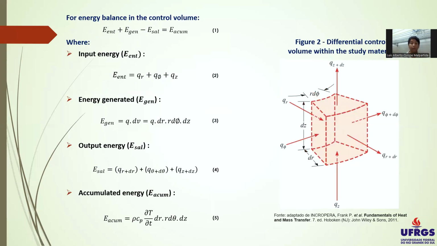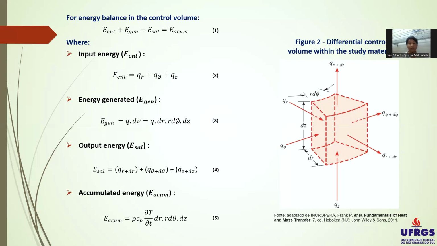Now, we proceed to perform an energy balance in the control volume. As can be seen in equation number 1, this is mainly composed of input energy, generated energy, and accumulated energy. The accumulated energy is the result of addition and subtraction of the three types of energy mentioned before. The input energy is equal to the incoming heat flows in figure number 2.